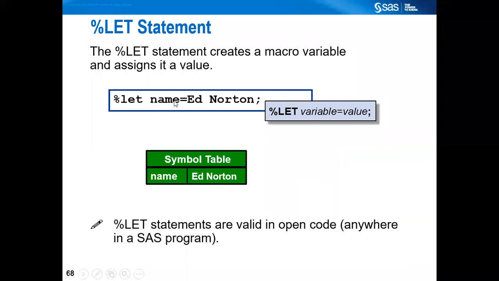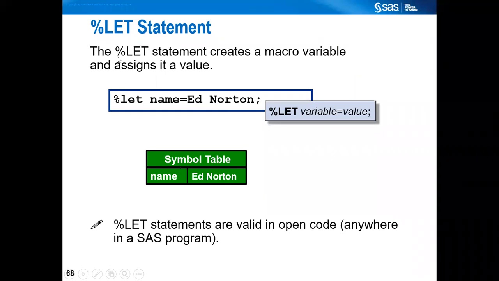So see here, you're giving the macro variable name. Here the name is name, equal to, you give the value. The value you're providing is Ed Norton. When a macro variable is created with this name in the global symbol table, the value is saved into the macro variable exactly as you provide it, with its case preserved and the space between the words also preserved.